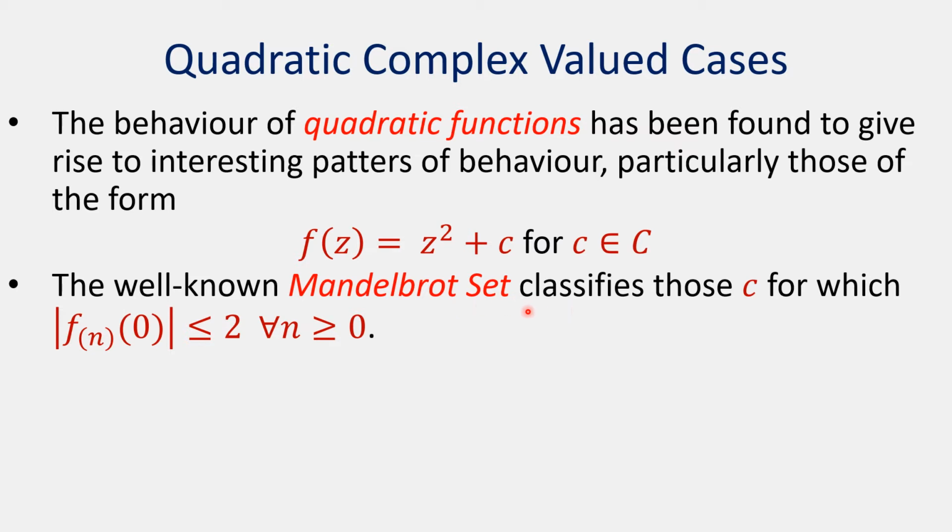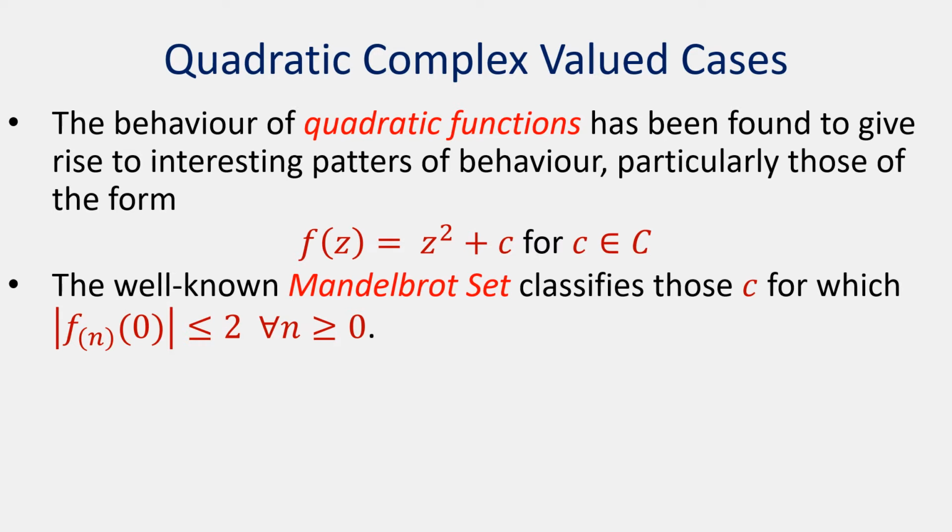And what this does is it classifies how this function behaves for those constants for which, when we start this quadratic function iterating it with an input value 0, the constant that we chose always results in a complex number whose size is at most 2.